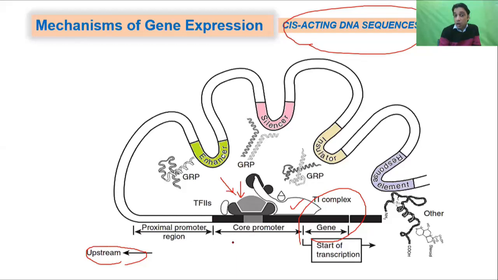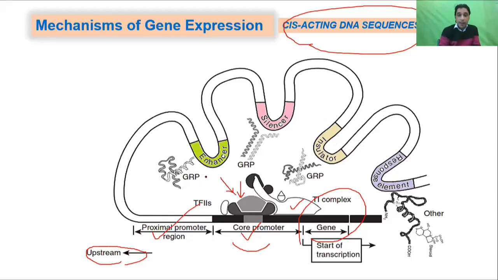If somebody asks you, a core promoter region is a cis-acting DNA sequence because it is present upstream and it can influence the expression of the gene. A proximal promoter region is a cis-regulatory element because it is present upstream on the same stretch of DNA. And all of those things are also cis-regulatory elements.